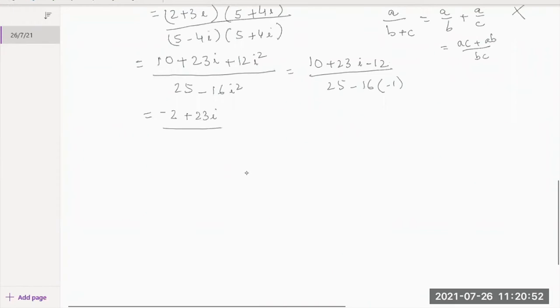See, 25, and this is minus 16 into minus 1, which will give you positive. So 25 plus 16 gives you 41. Now, see, this can be split up into two parts. That is, I can write it as minus 2 by 41 plus 23 by 41 i.